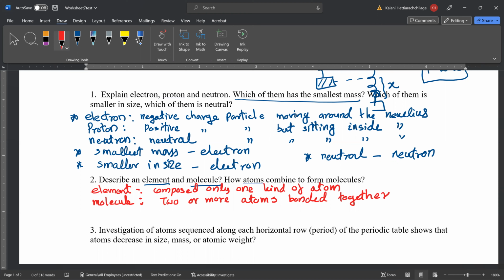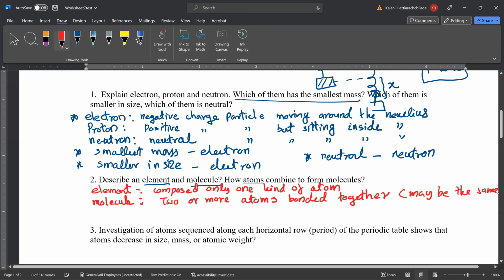They can be different atoms, they can be the same atom. It doesn't matter, we call that a molecule. Both are molecules.